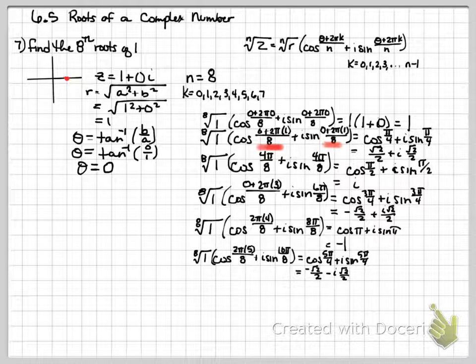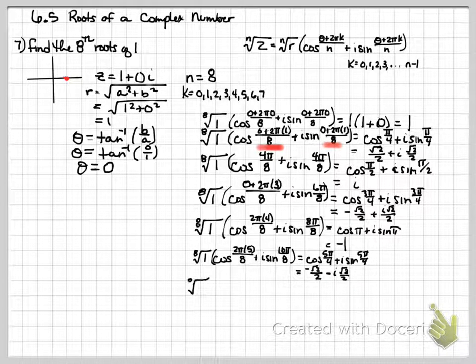Almost done. Now you're probably saying, well, I'm noticing a pattern. Oh, the first one was 1, and then the next one we had, both were positive with root 2's over 2's, and then we had I, and then the first one was negative, and so forth. That's what we're working. There is a pattern, but you still need to kind of work these out just to make sure you're getting it.